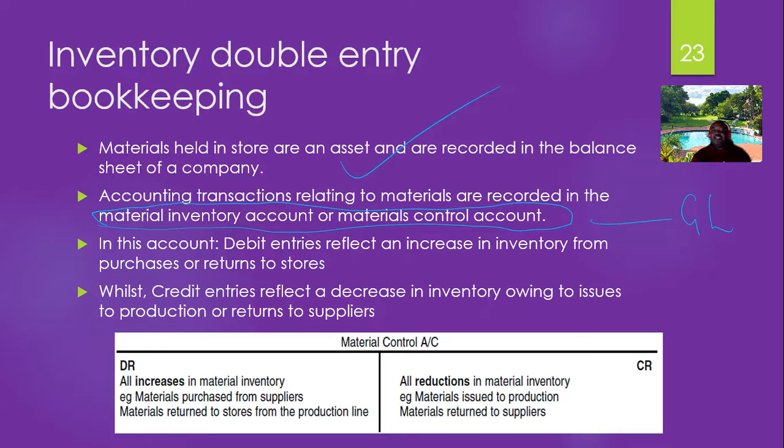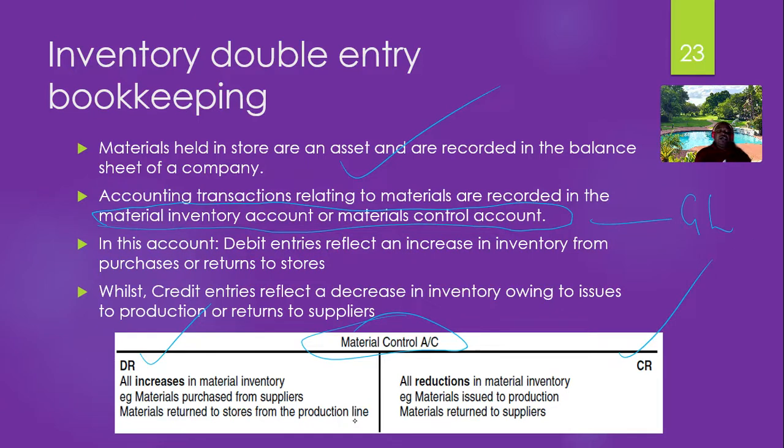Whenever we make a purchase, the debit entry of the materials control account is going to increase, while its credit entries reflect a decrease in inventory owing to issues to production or returns to suppliers. So you can see from this that this is the material control account, the T account, where we have the left side the debit, and the right side the credit.